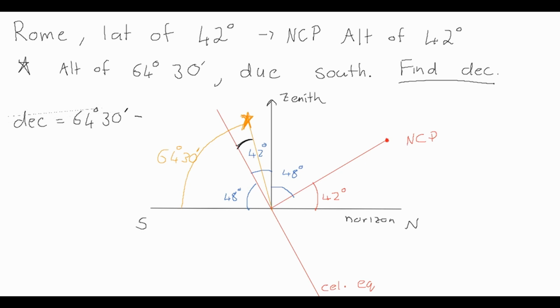And then we subtract the angle between the celestial equator and the horizon, which in this case is 48 degrees. 64 minus 48 is 16. So we've got 16 degrees and 30 arc minutes. So we have now found the declination of our star.